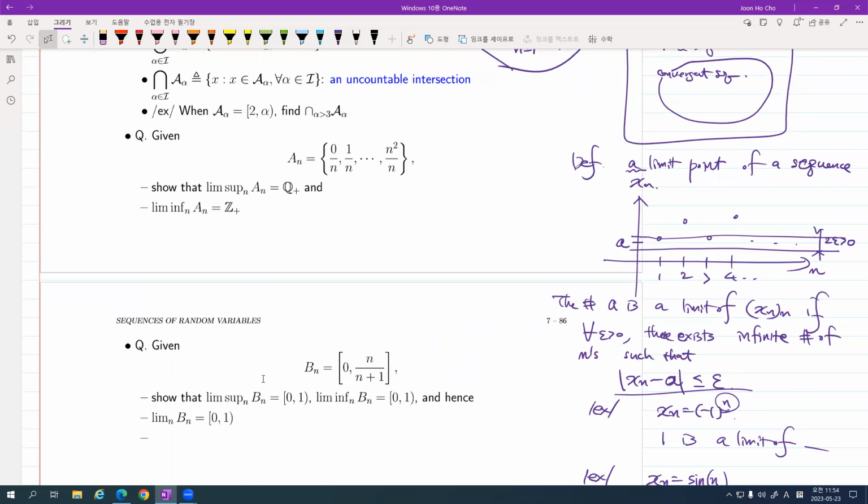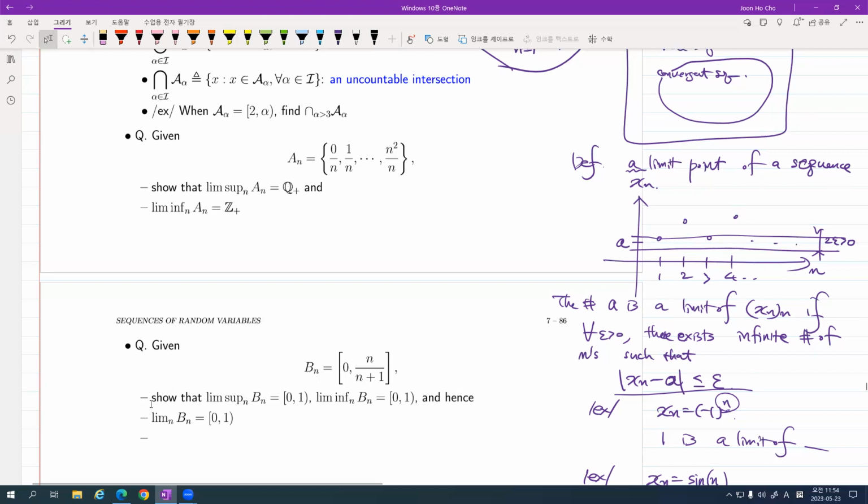And also show that lim inf of this sequence of subsets of real numbers is Z plus, the non-negative integers. You can easily show that. Now, let me ask you, does this sequence have a limit? Your answer is no, because they are different sets, right? So you have just seen a non-convergent sequence of subsets of real numbers.